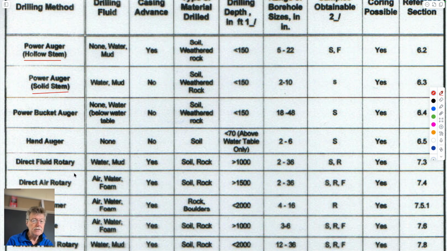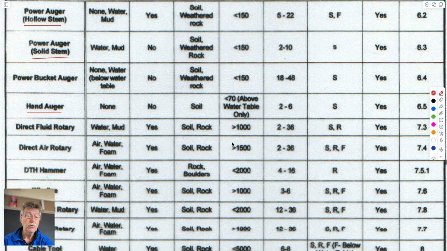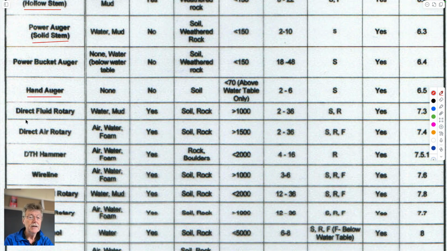So the things that we've talked about so far, hand auger would be the same as a solid stem auger, just that you're screwing it into the ground. People use those sampling wetlands and things. Fluid rotary, air rotary is just the different drilling fluid.